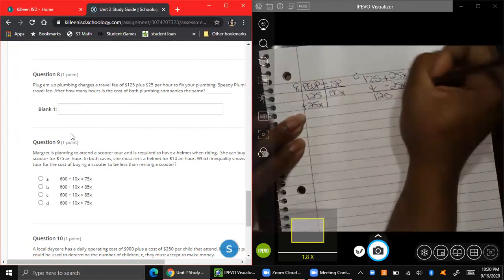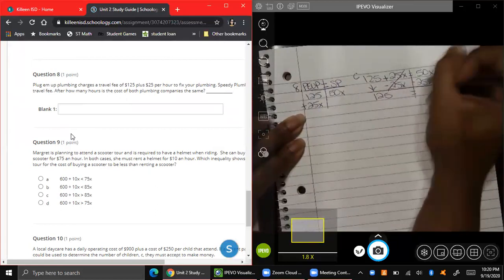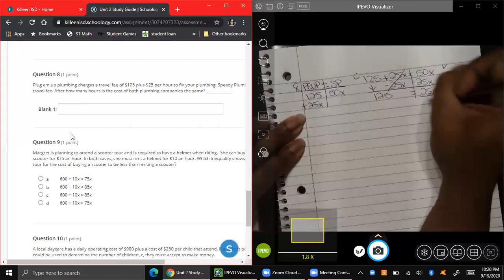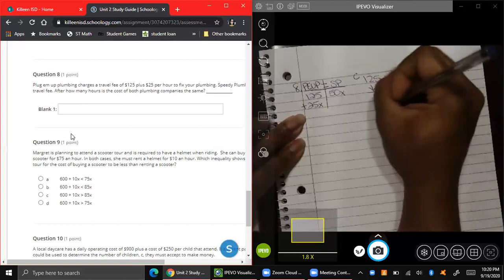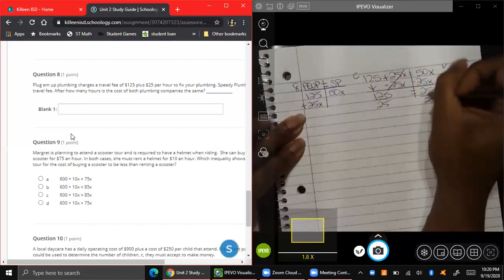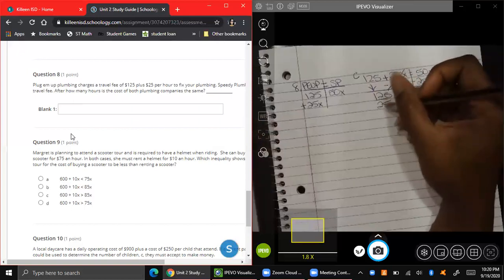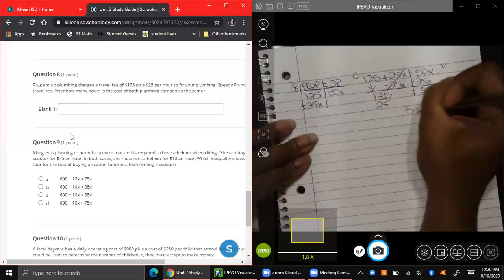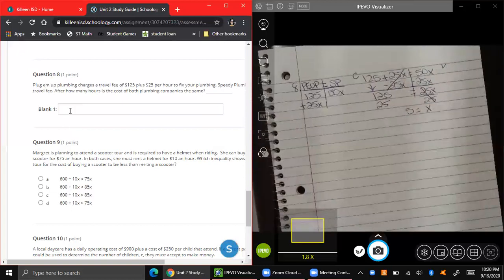The 25x minus 25x is 0, so it cancels out. 50 minus 25 is 25x. To get x by itself, I'm going to divide both sides by 25. 25 divided by 25 is 1, so bring down my x, and 25 goes into 125 5 times, so x equals 5. I will put 5 right there.